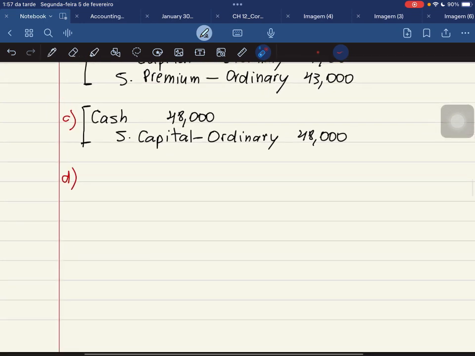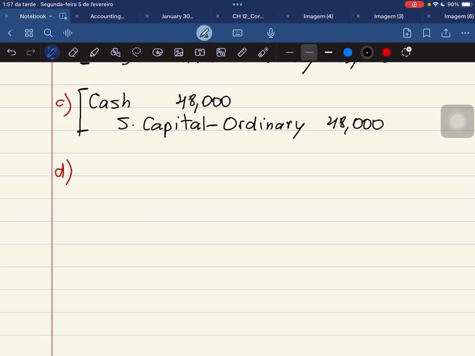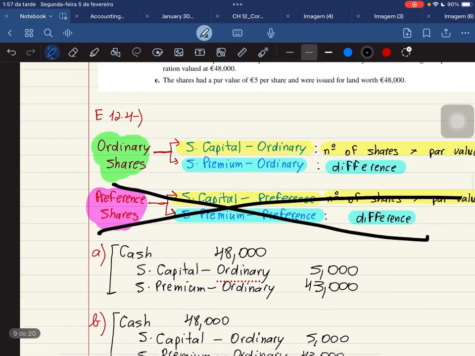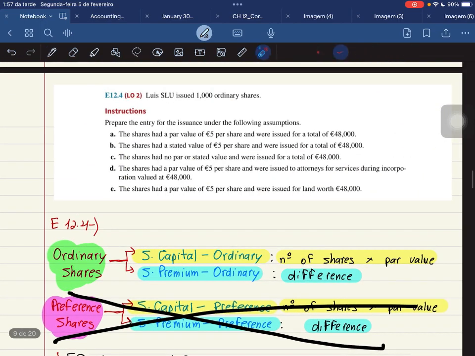So this kind of thing, when you issue for an attorney or for somebody else, we actually call this account organization expense. This is the one that we are going to be debiting, and it makes sense if you think about it, because this is an expense, right? So expenses, they are a plus and a minus, so in this position it is a plus, so that's why we're debiting it.